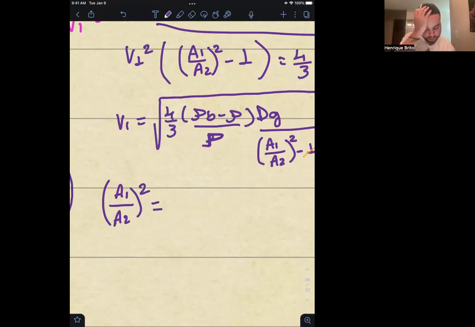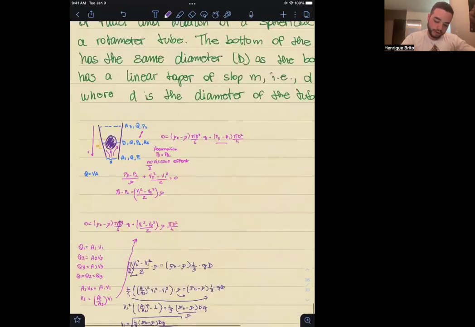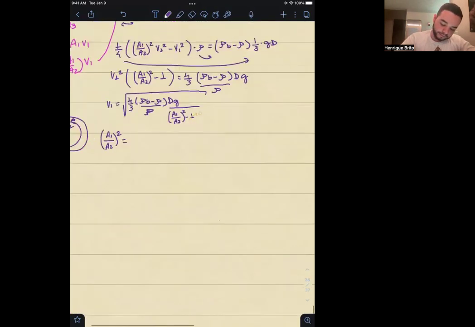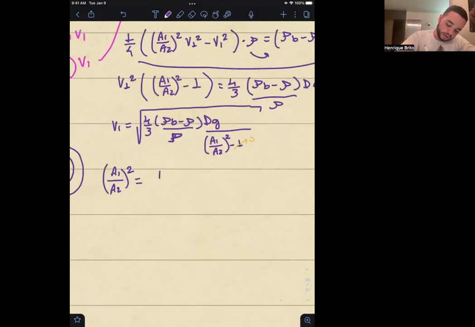So to do that, we're going to have the first one, which we have established up there. Okay, this is A1. So we have that divided by what?